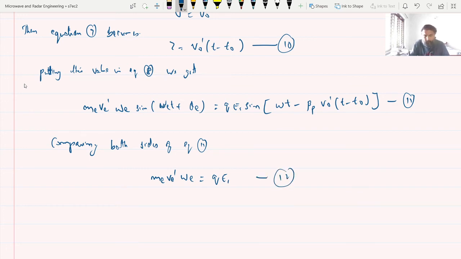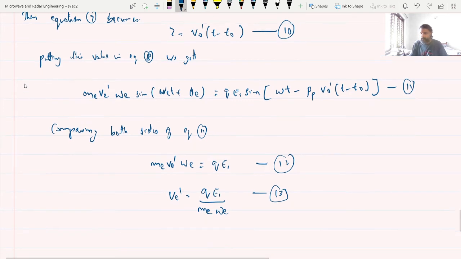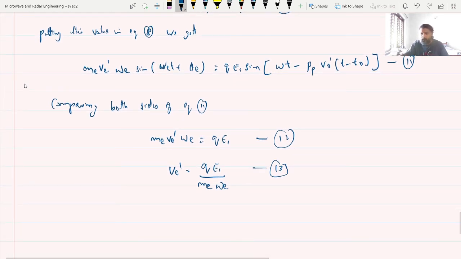And V dash is nothing but V dash equals q E1 by m_e into omega_e. Call it as equation number 13.